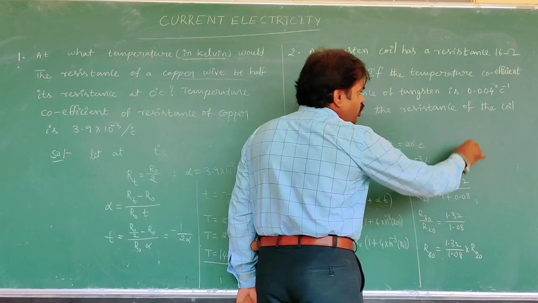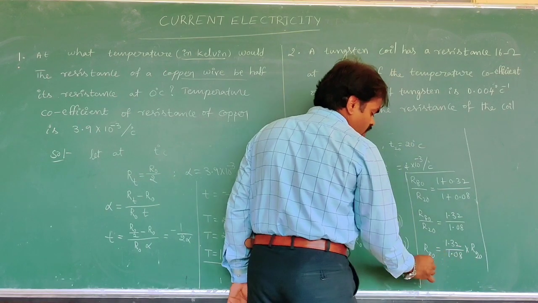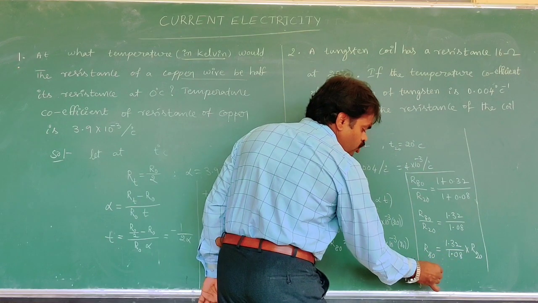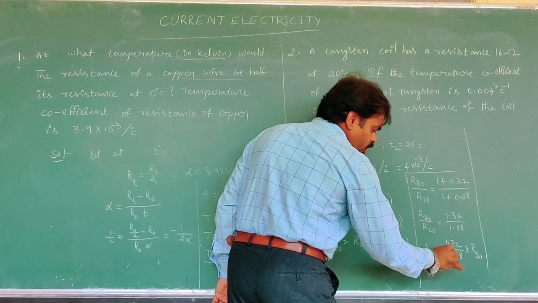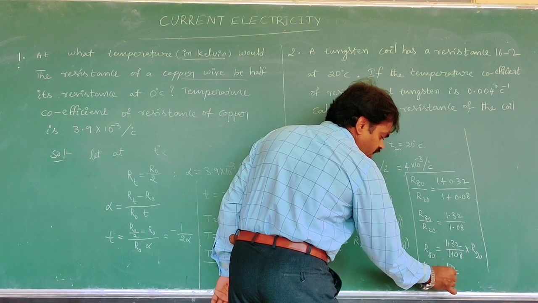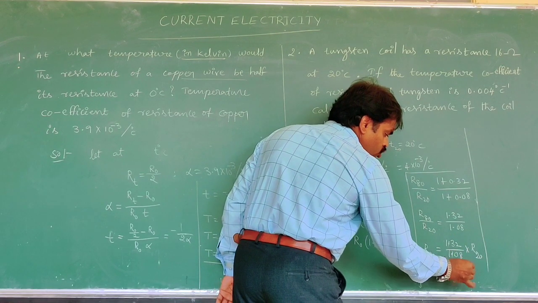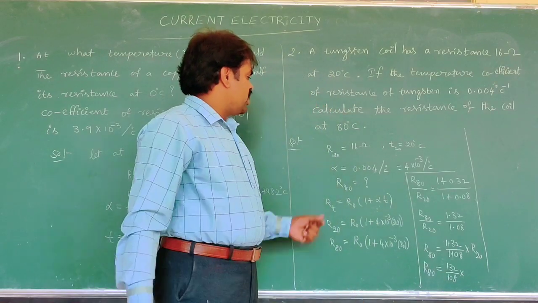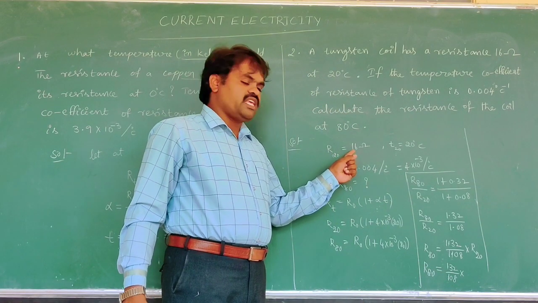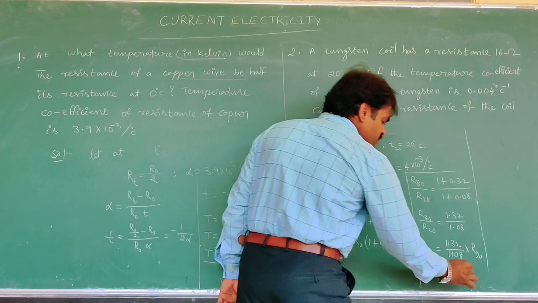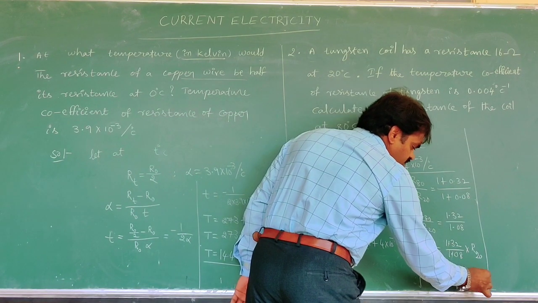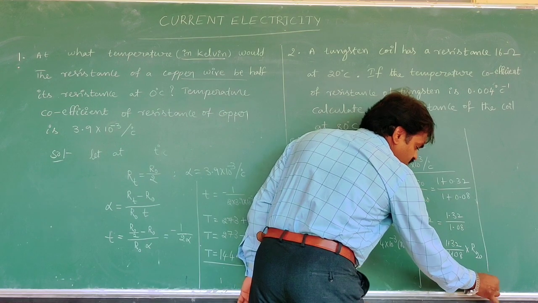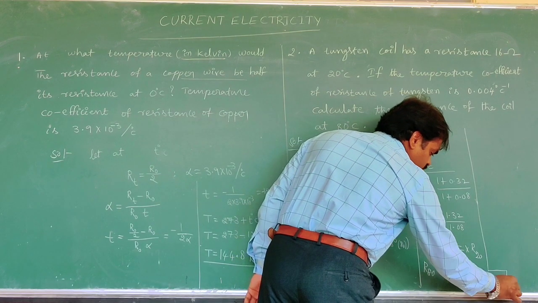The decimal point cancels, giving 132 by 108 into the R20 value. The resistance at 20 degrees Celsius is given as 16. When we calculate, we get the answer 19.6 ohms.